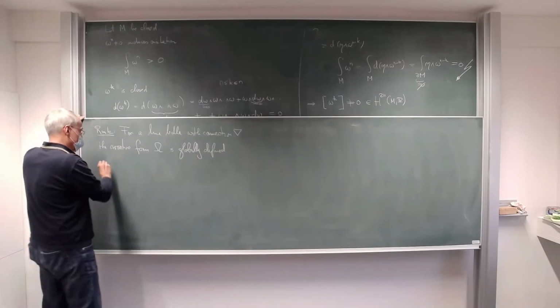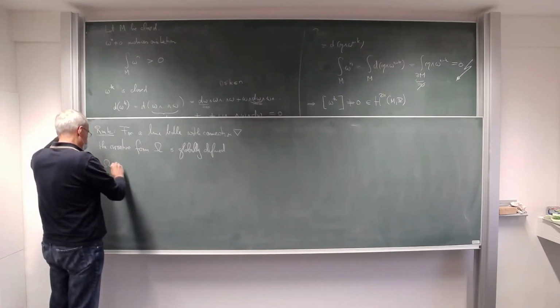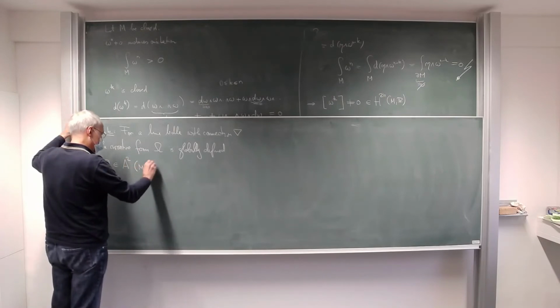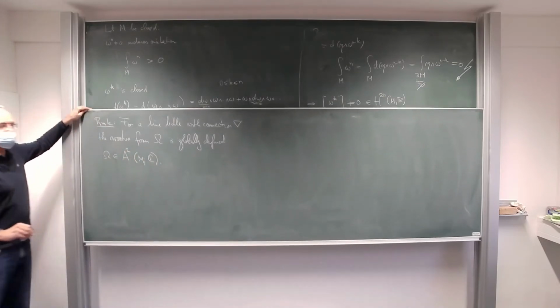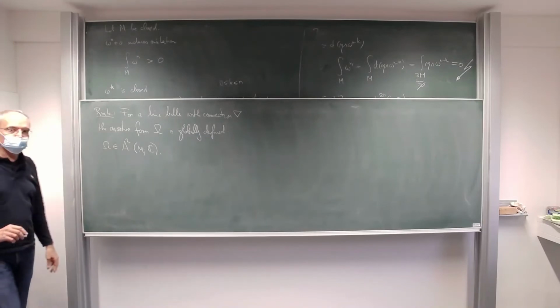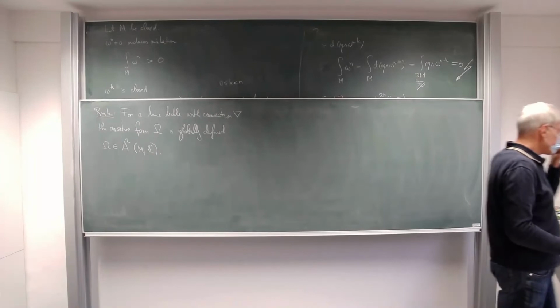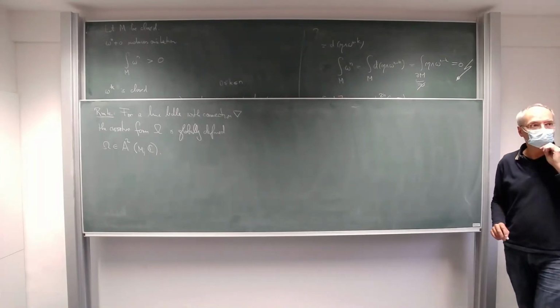So omega is a 2-form on your manifold, in general with complex values. Why is that? In general it's only locally defined, but I'm saying if the bundle has rank 1, it's globally defined.